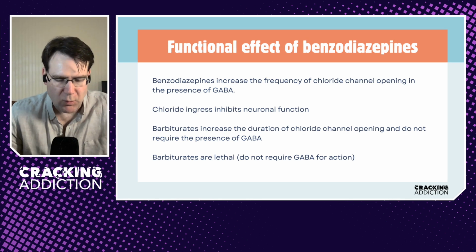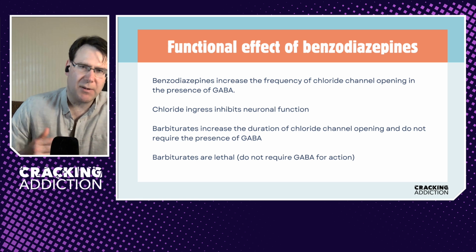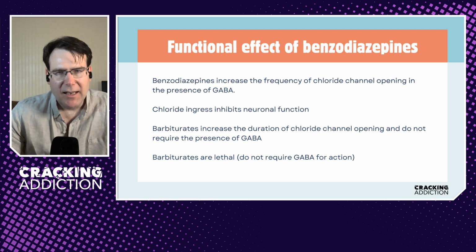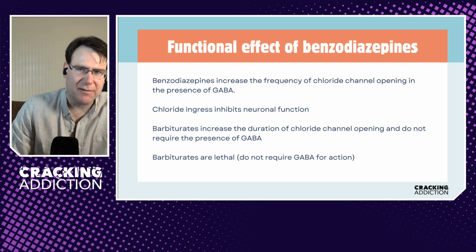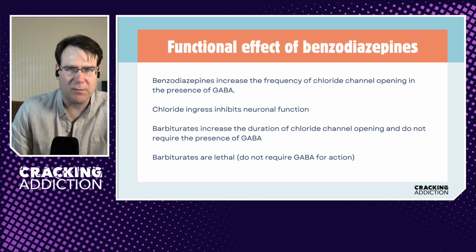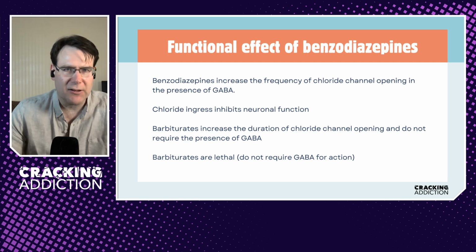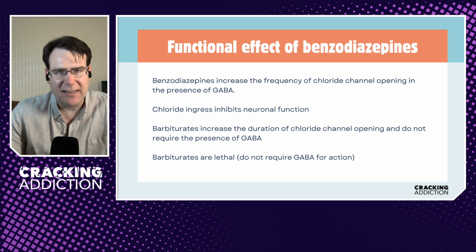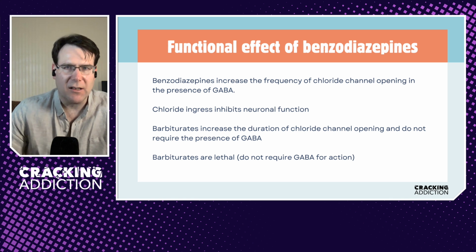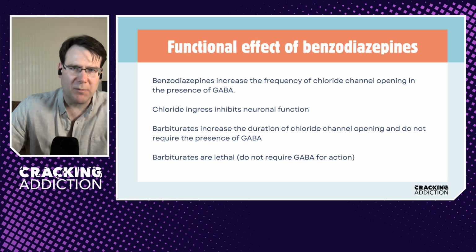Now the difference, or one of the other differences between benzodiazepines and barbiturates, is that barbiturates increase the duration of chloride channel opening. Benzodiazepines increase the frequency of chloride channel opening. Barbiturates increase the duration of chloride channel opening. And then secondly, they do not require the presence of GABA, and hence barbiturates in overdose are lethal.